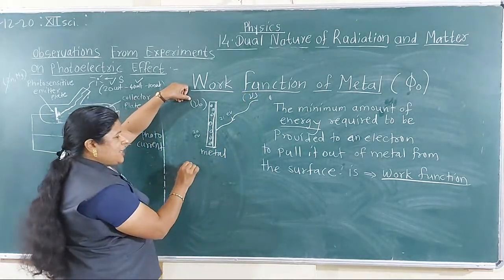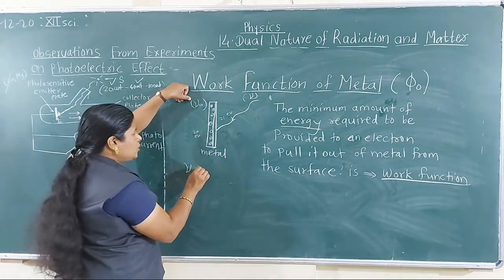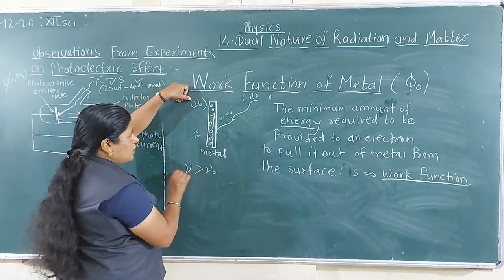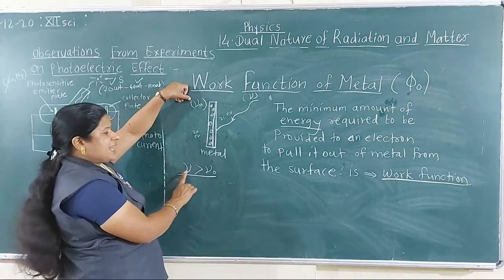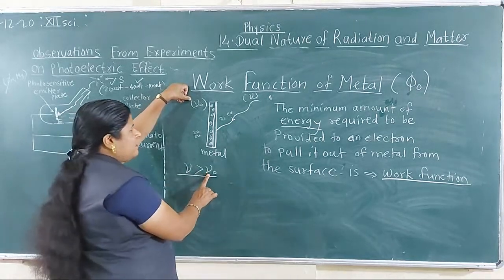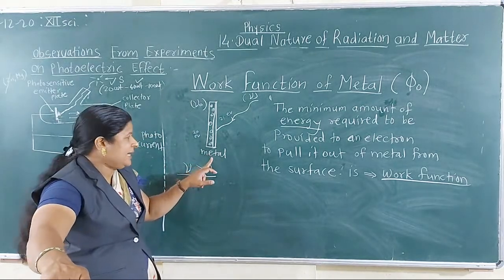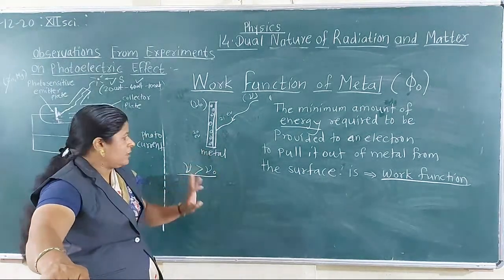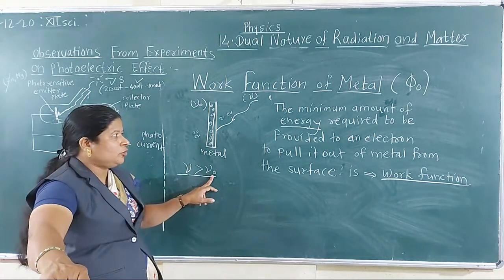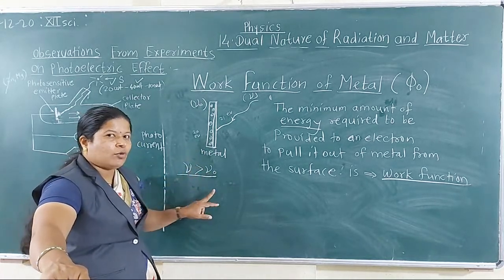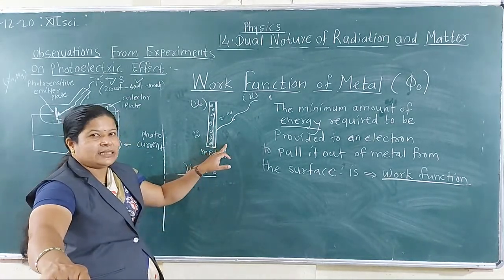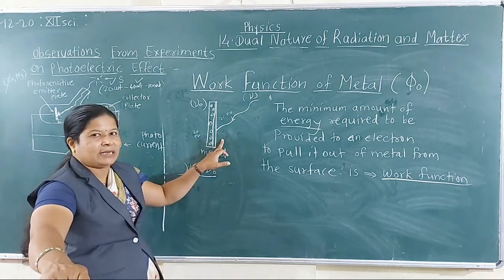In the earlier point, we saw that nu should be greater than nu zero. The frequency of incident radiation should be greater than the threshold frequency of the emitter plate. At that time only are the electrons ejected from this metal surface.